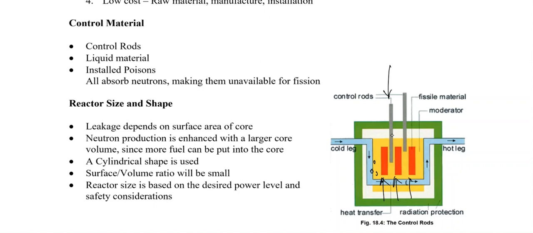Once it is inserted fully, it will absorb most of the neutrons, and once the neutrons are absorbed, the reaction will stop. So it is the control rod which is controlling the nuclear reaction, and the neutrons are not available for further fission process. We also have other poisons installed in the nuclear reactor as well.